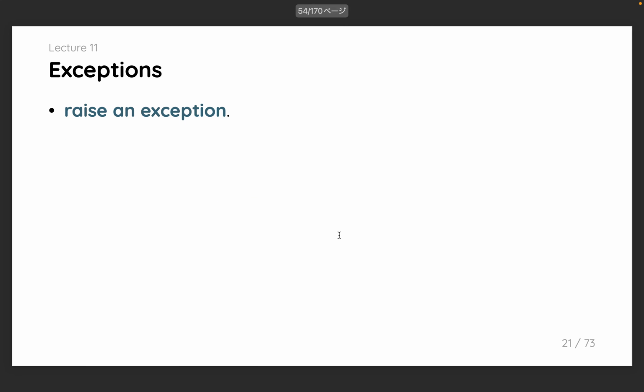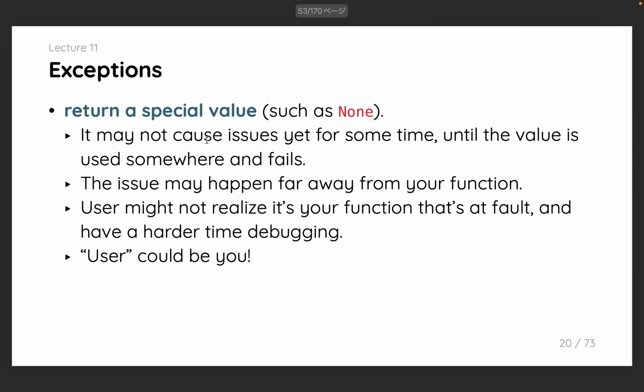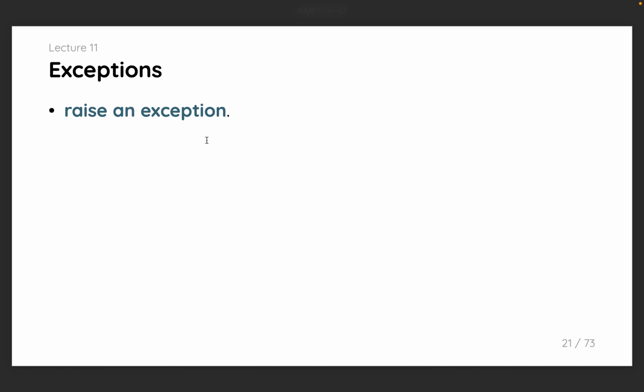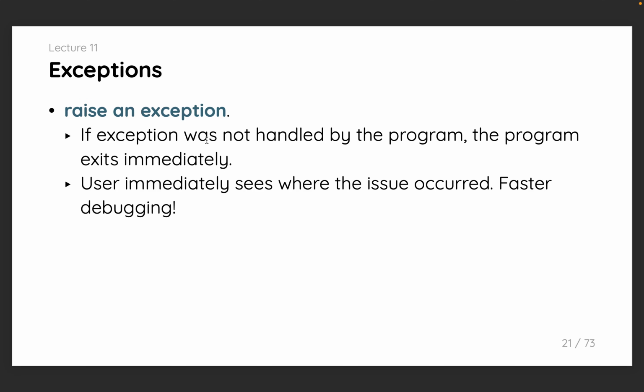Okay? Alright. So, what's another thing we can do? Well, I guess by now you can realize that these previous solutions don't really work. So, if we raise an exception, what benefit do we get from that?